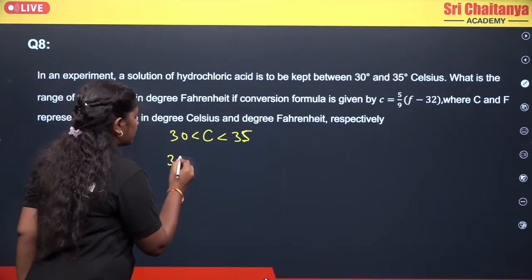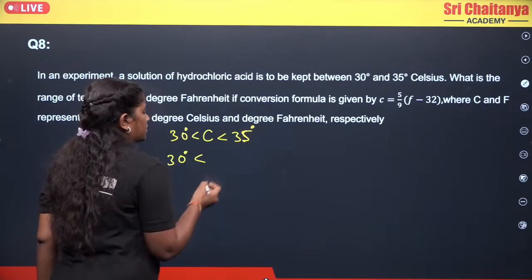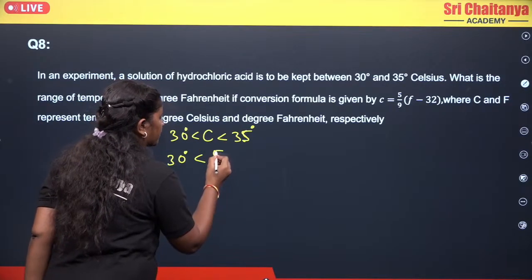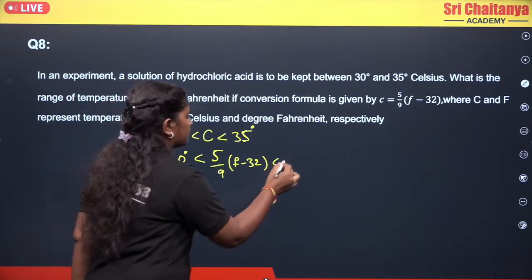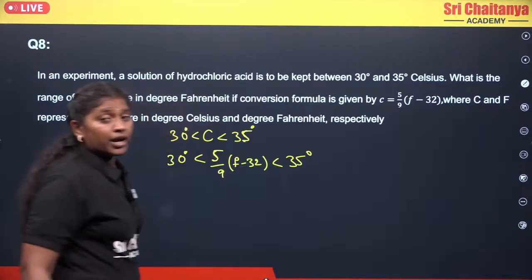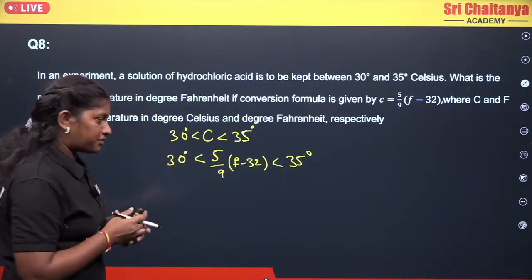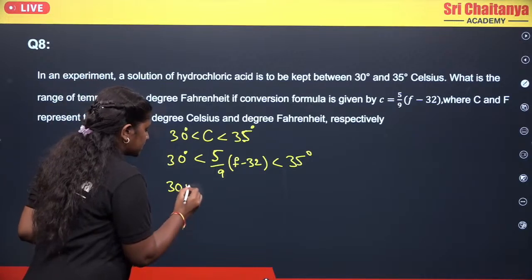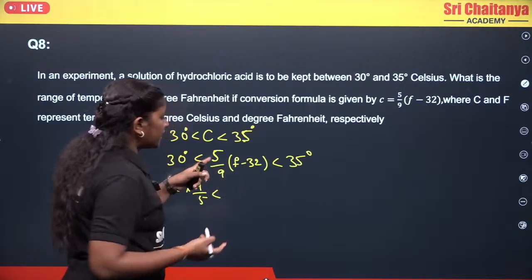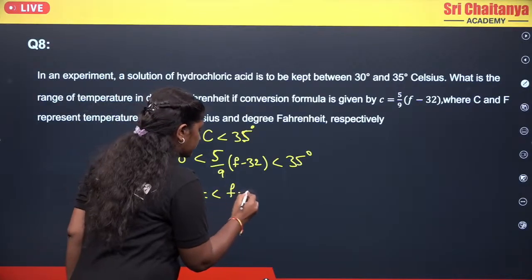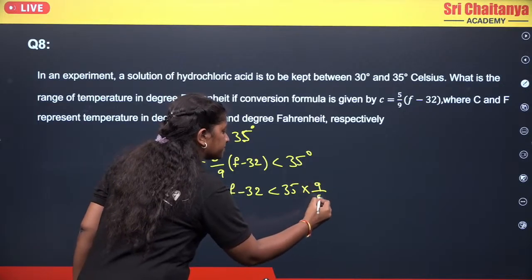So 30 is less than 5 by 9 into (F minus 32), less than 35. To eliminate 5 by 9, we can multiply by 9 by 5. So 5 by 9 and 9 by 5 get cancelled, and that becomes 30 into 9 by 5 less than F minus 32, less than 35 into 9 by 5.